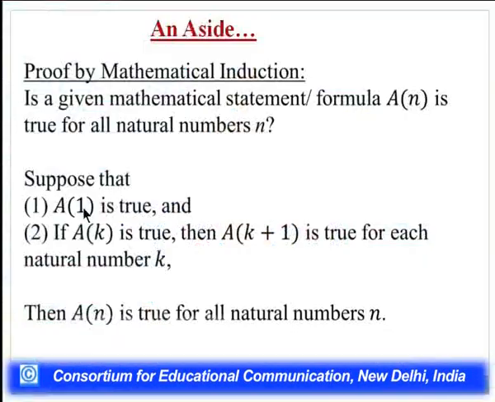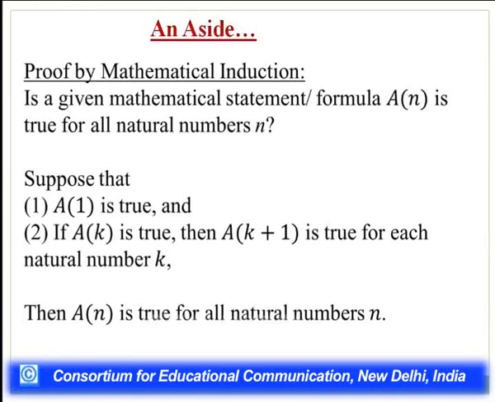So note here the syntax of the statement on the slide: if A of 1 is true, and if A of k is true then A of k plus 1 is true, then A of n is true for all natural numbers n.